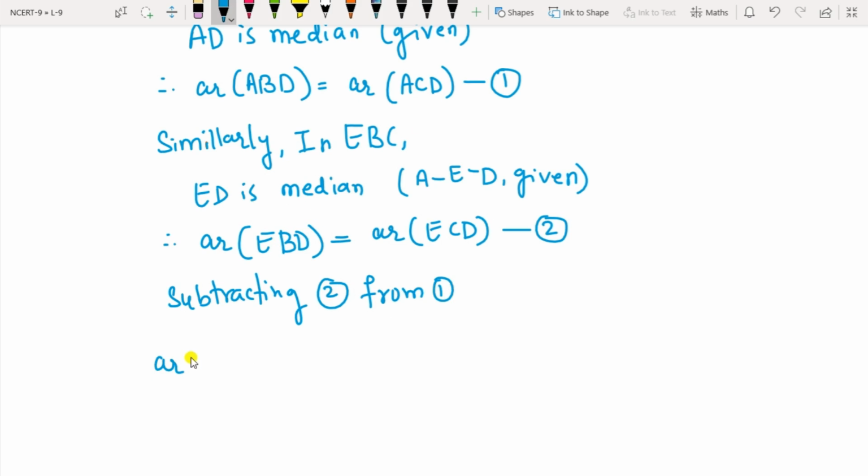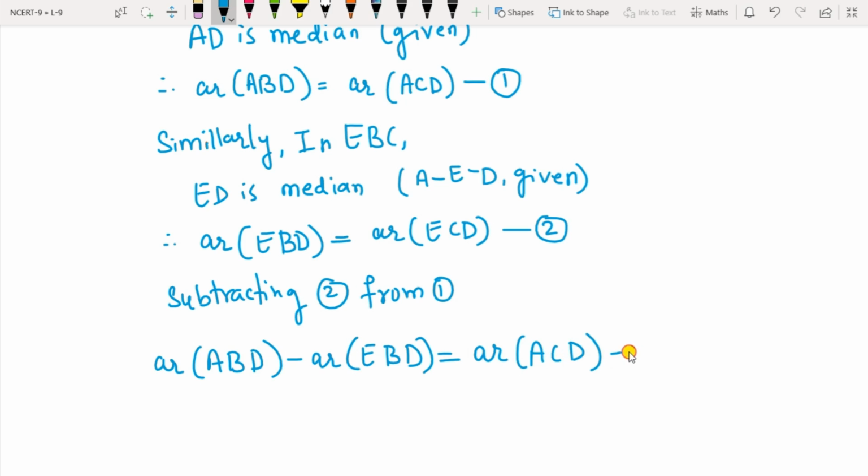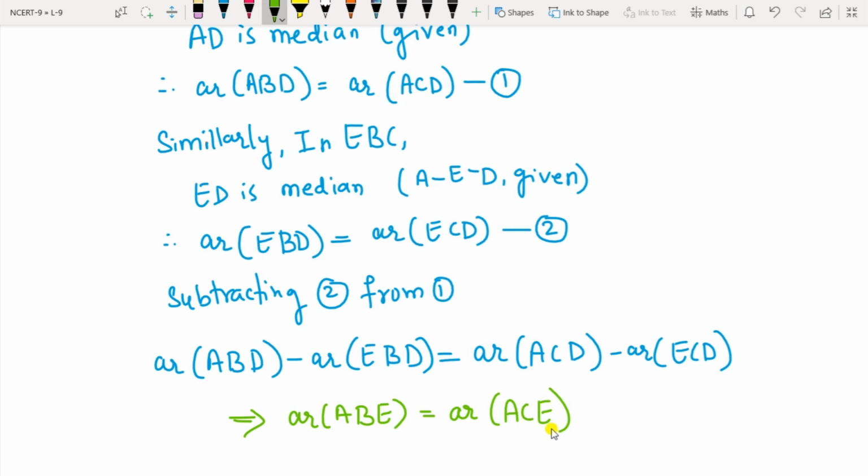So area of ABD minus area of EBD is equal to area of ACD minus area of ECD, which is our required solution, that is, area of ABE is equal to area of ACE. That is the required solution.